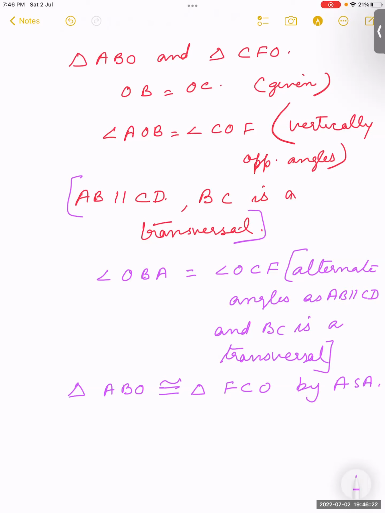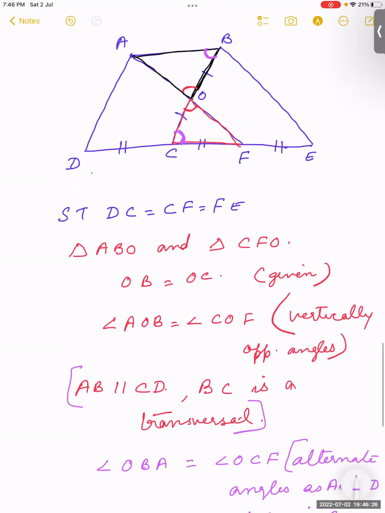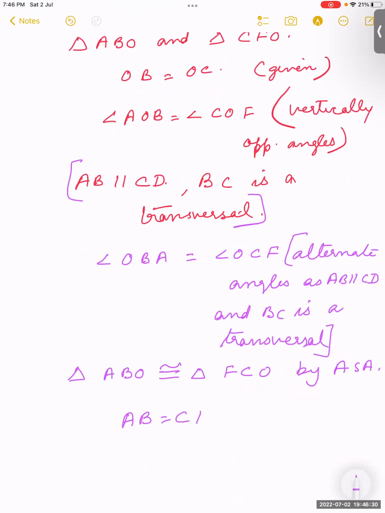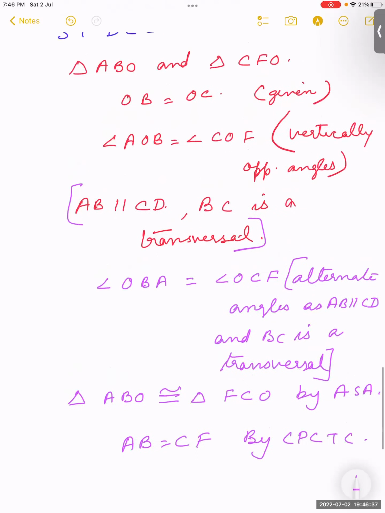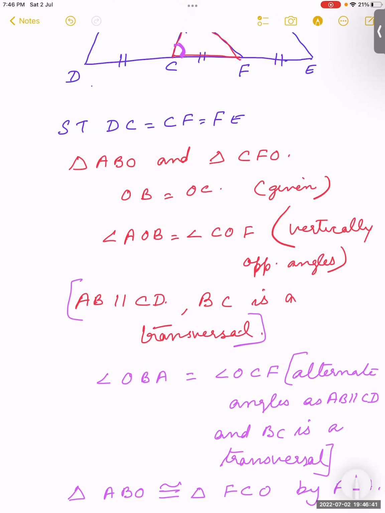This gives you one piece of information: AB is equal to CF, by CPCTC. Write it till this point. We are still not done, but please write it.